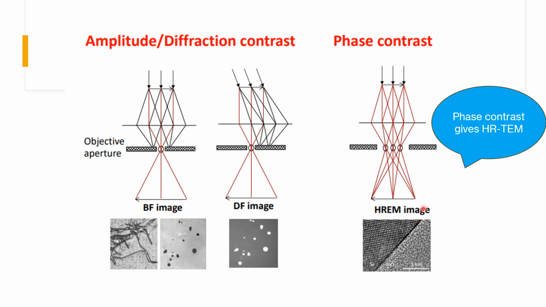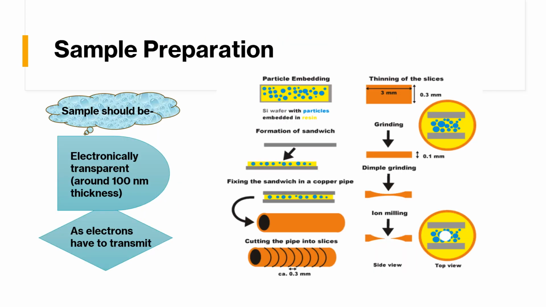This mechanism is used to explain mainly crystalline samples, and it gives higher resolution, which is why phase contrast is also known as higher resolution TEM. So next time whenever you hear phase contrast, it means HRTEM, high resolution transmission electron microscope.